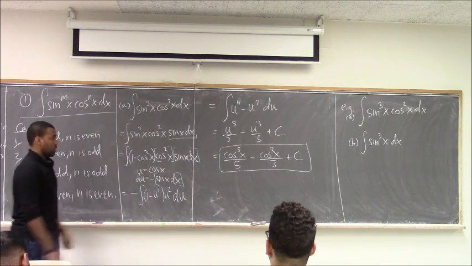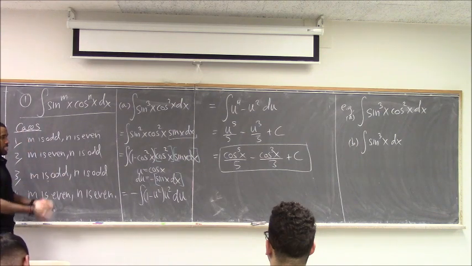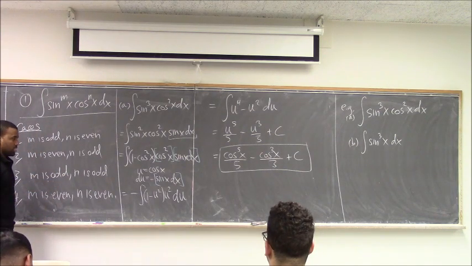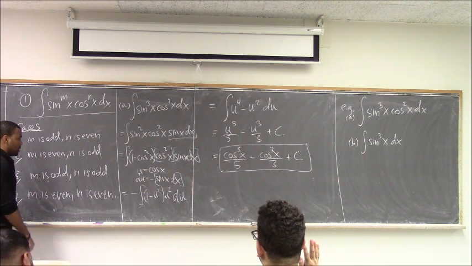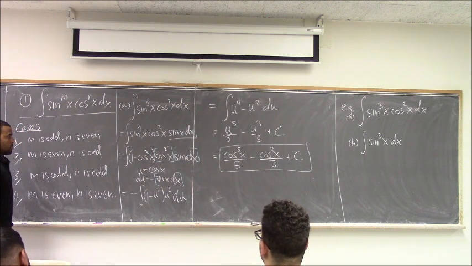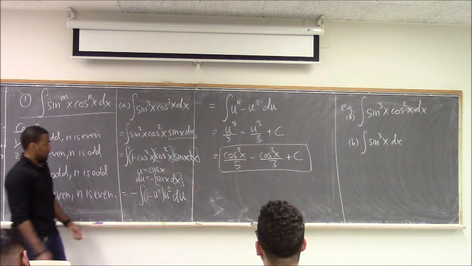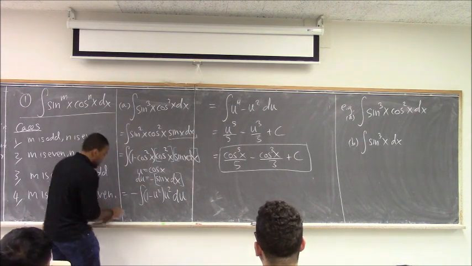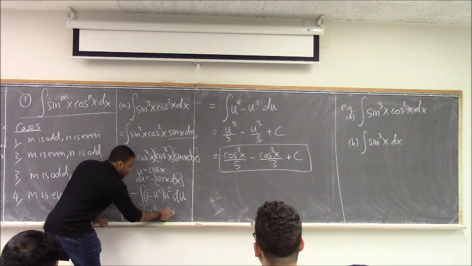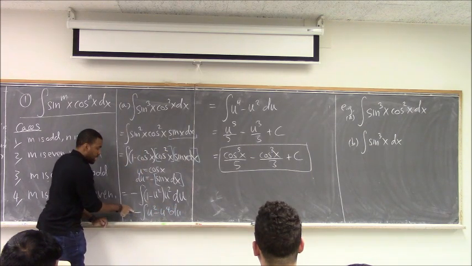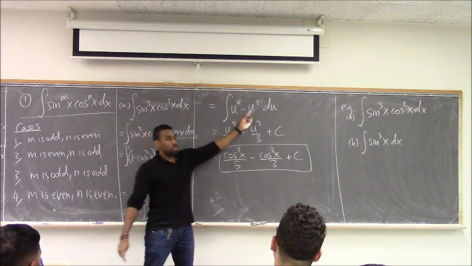So now you just get an integral in terms of u's. Usually you'll be able to expand, just use algebra and then do the power rule. You don't have to apply the minus signs after. I actually did. If I did this, it would be minus the integral of u squared minus u to the 4th, and the minus sign is why I turned it around.